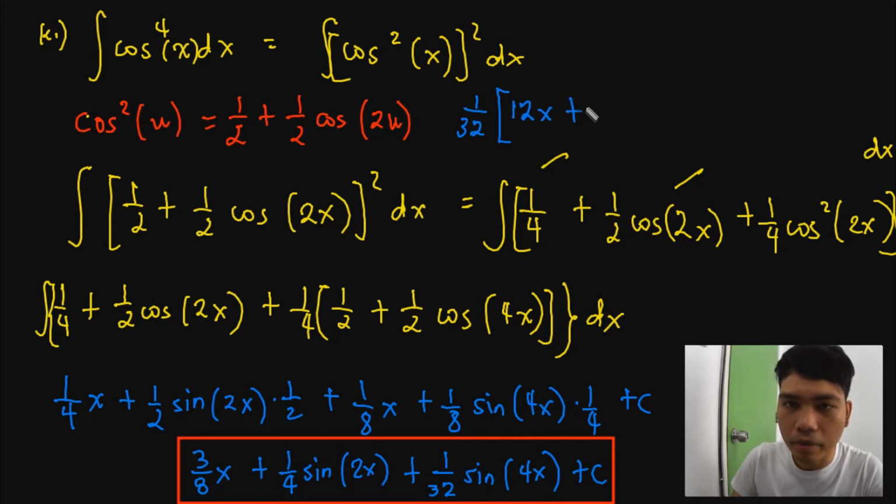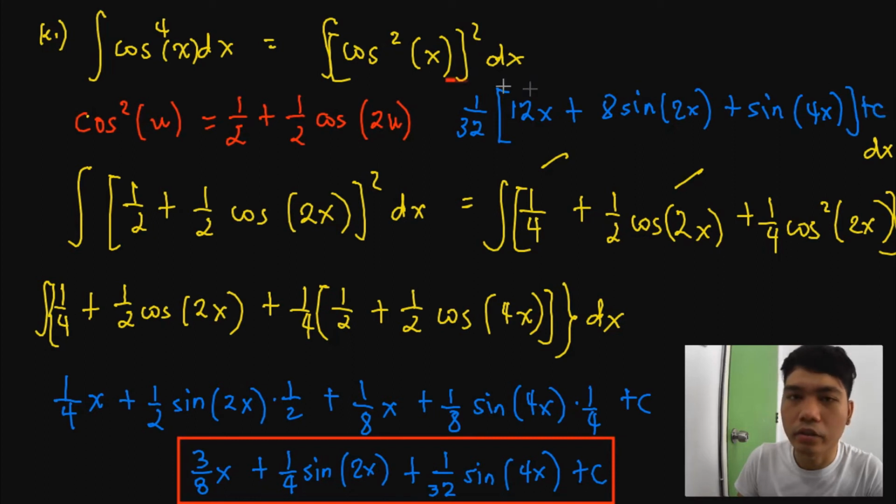So 12x plus, I think this one, if this is 1/4 and then this one is 32, so this becomes 8. Okay, so 8 nga. 8 sine 2x, and then this one is, since it is 1/2, so mariretain lang siya. Okay, so pwedeng ito rin yung inyong final answer.